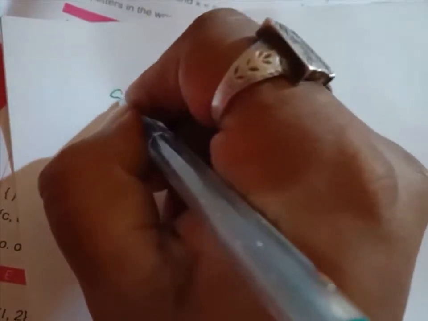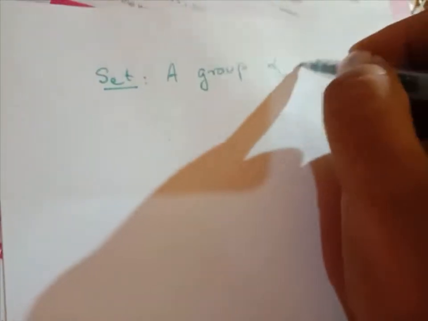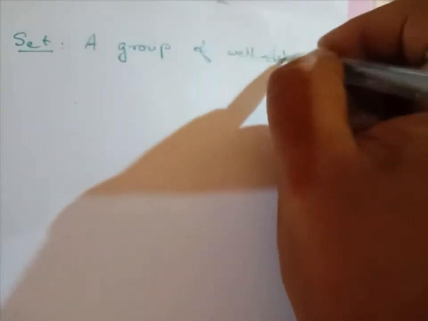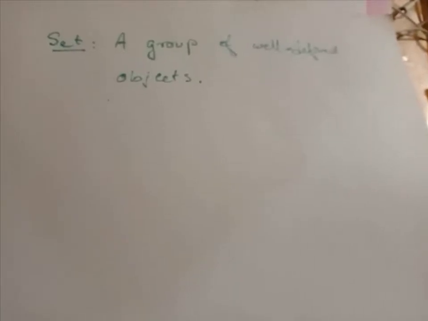So first of all, what is a set? A set is a group of well-defined objects.